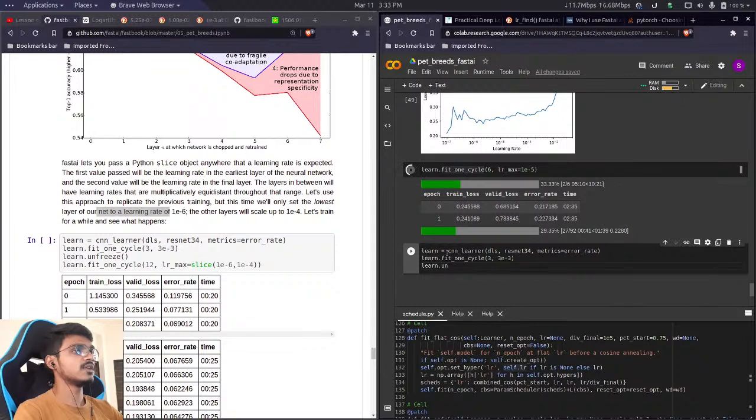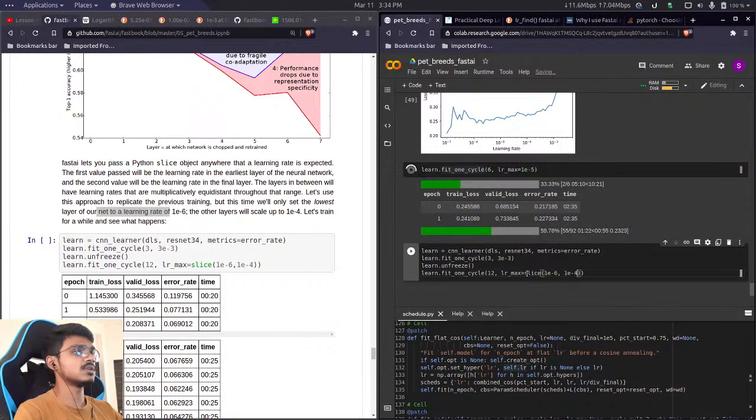Then we unfreeze the pre-trained layers, and once again fit one cycle for 12 epochs, and now we are passing a slice instead of a scalar value. We are passing 1e-6 to 1e-4.